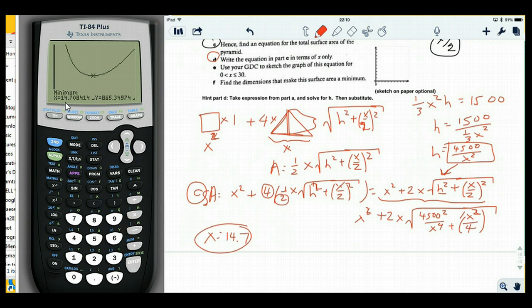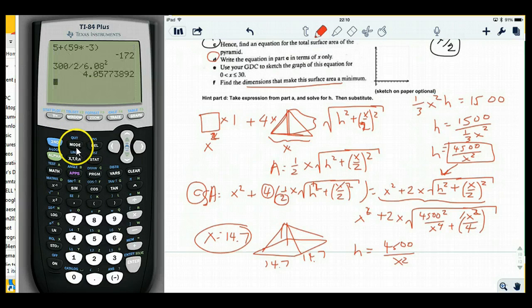Okay? And then it asks for the dimensions that make the surface area minimum. So that means that the bottom of the pyramid would be 14.7 by 14.7, and then the height of the pyramid would be h equals 4500 divided by x squared. So let's just go to the regular mode of the calculator to calculate that. 4500 divided by x squared.